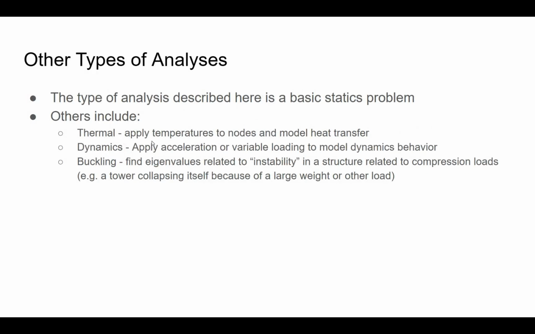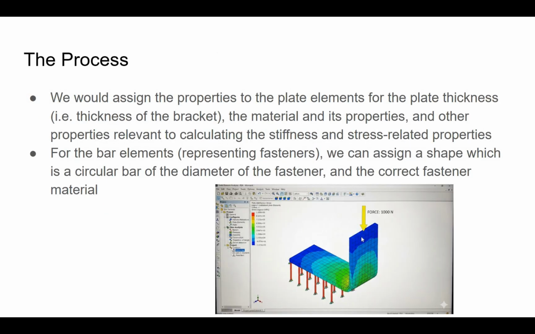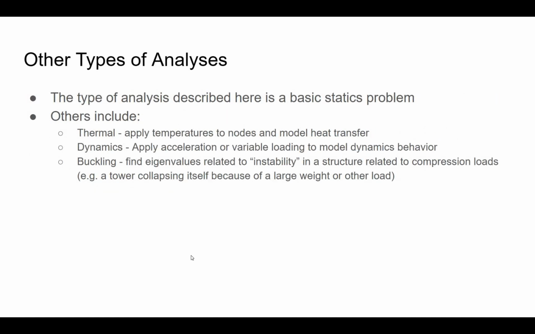So there are also a lot of other types of analysis, because the one that we're showing here is just a simple statics problem where you have a static load and it's fully constrained, and so it's a statics equation. There are other types of analysis that are done in finite element analysis. You might have thermal, so in this case, instead of doing mechanical stresses, you might apply temperatures at nodes, or you might apply heat influx at nodes or elements, and then the model is going to calculate heat transfer within it.